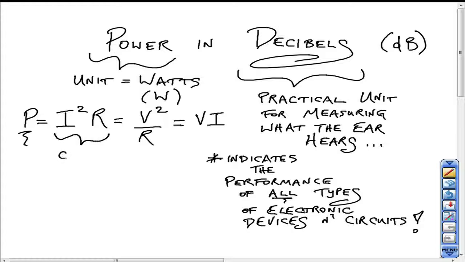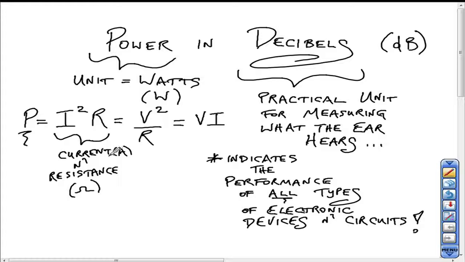If you know current and resistance, given these values, these concepts: current, of course, what's the unit of current? Amps. What's the unit of resistance? Ohms. That's real important.